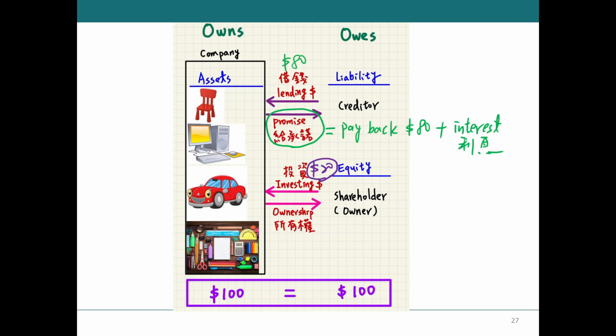So it means you should give them ownership. You tell them, okay, right now the company belongs to them. Ownership means shareholders own the company.